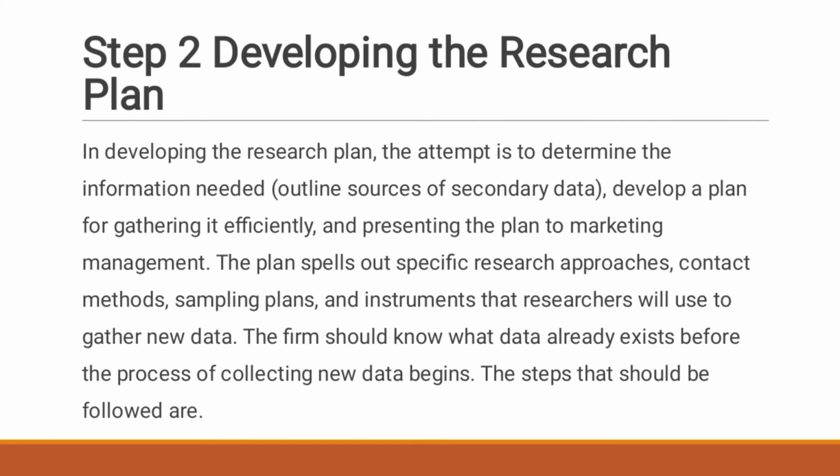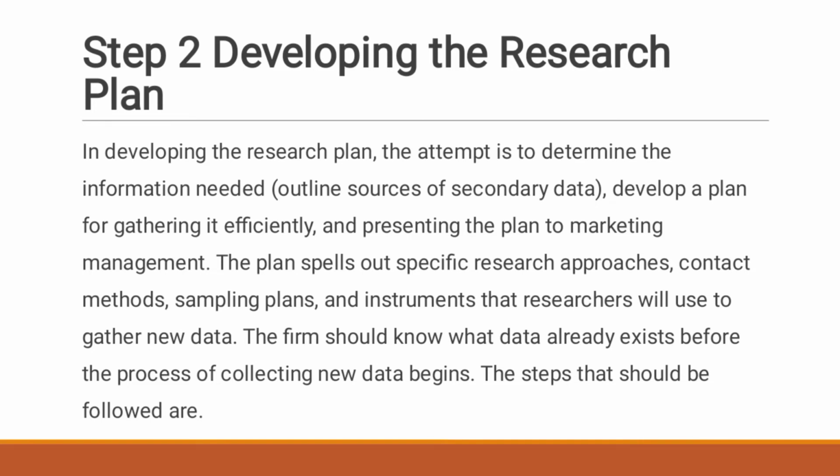Step 2, developing the research plan. In developing the research plan, the attempt is to determine the information needs, develop a plan for gathering it efficiently, and present the plan to marketing management. The plan spells out specific research approaches, contact methods, sampling plans, and instruments that researchers will use to gather new data.